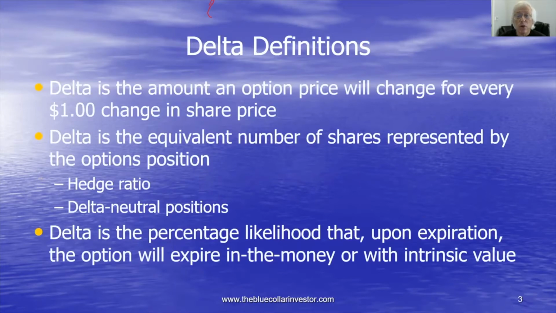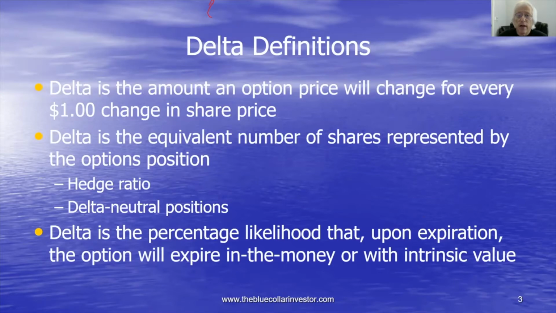Okay, let's start off with the definitions, and that's plural, of Delta, because there are actually three definitions that we should be aware of as it relates to Delta. Probably the most common one is the fact that Delta will show the amount that an option premium will change for every $1 change in the underlying share price.